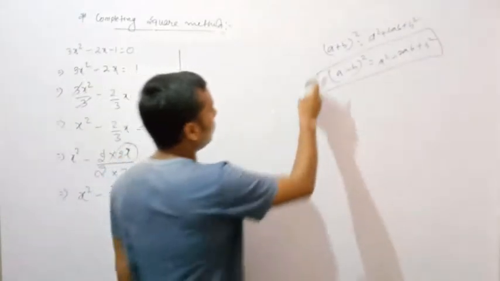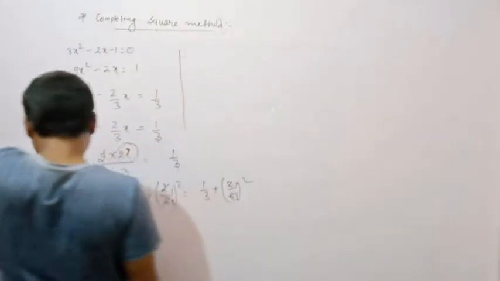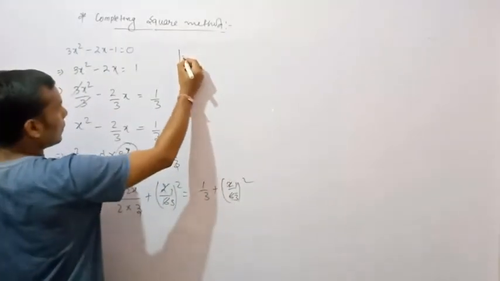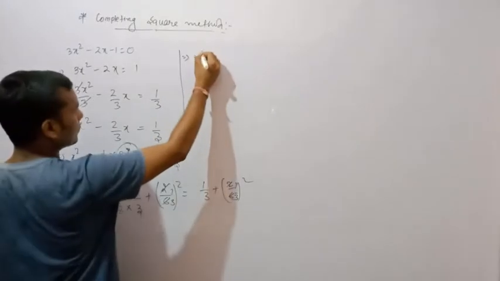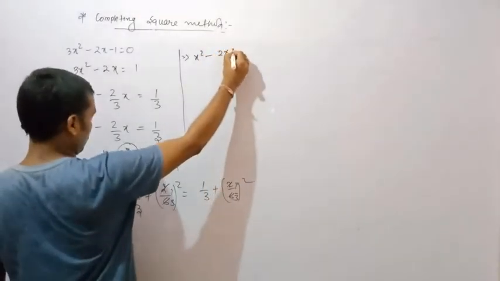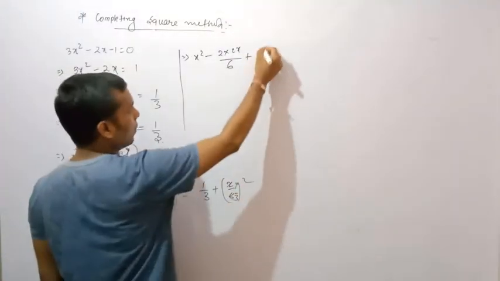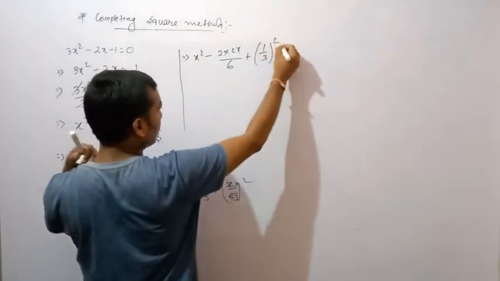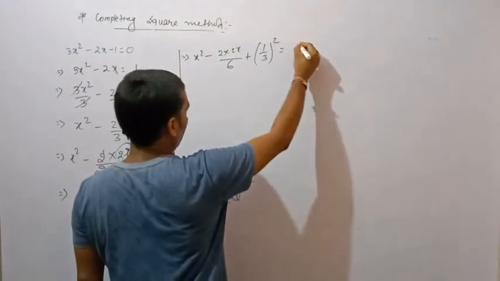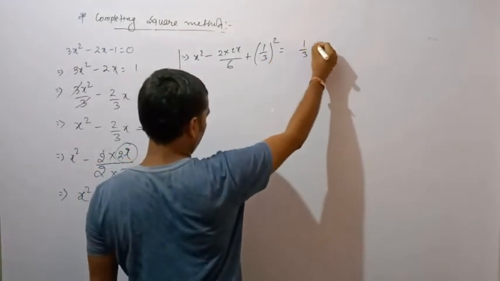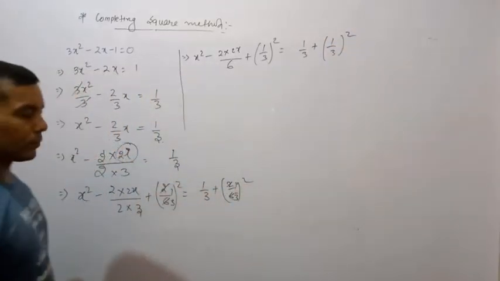What we will have now: x² − 2·x·(1/3) + (1/3)² = 1/3 + (1/3)².